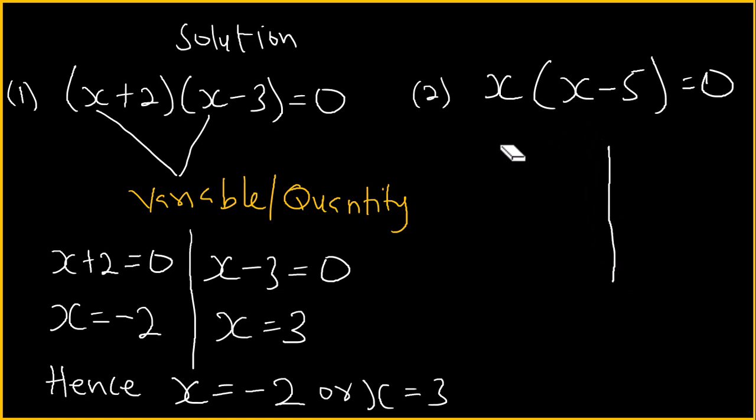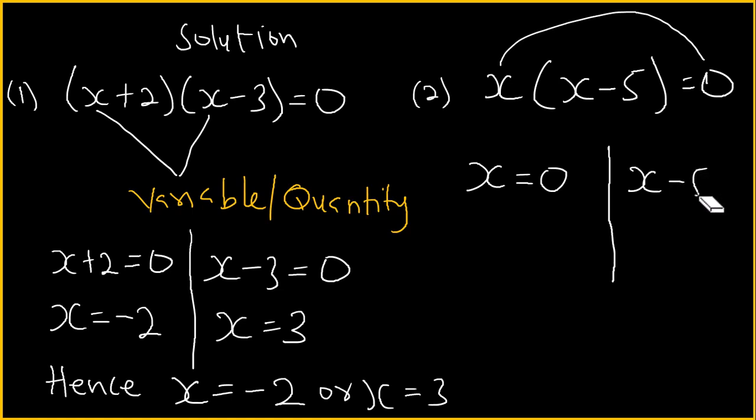So here we have x, which is factored out from this bracket, and our x is equated to 0. And our factor x minus 5 is also equated to 0. So we want x from this equation, and our x is computed as 5.